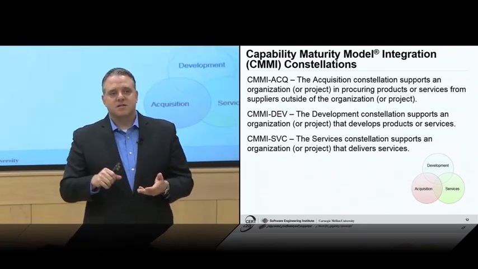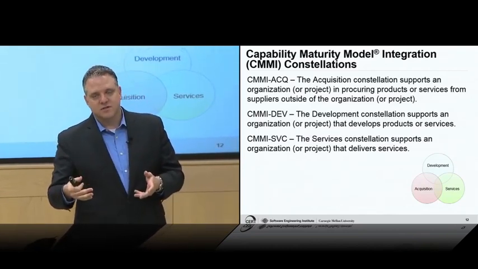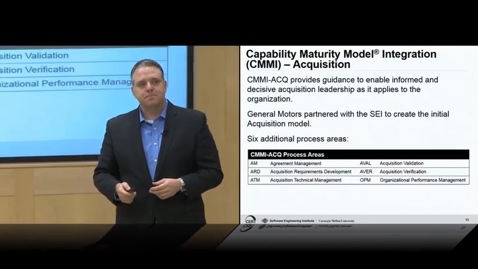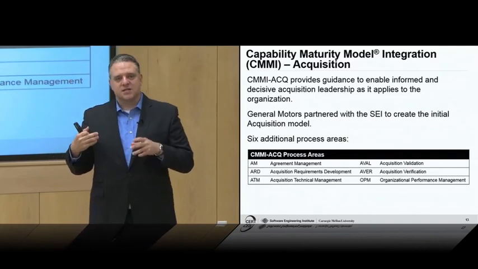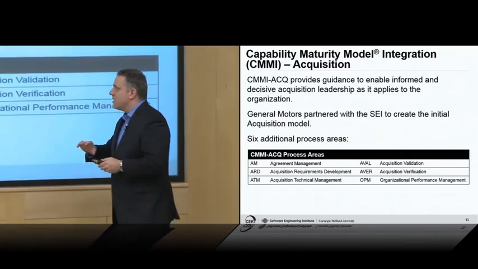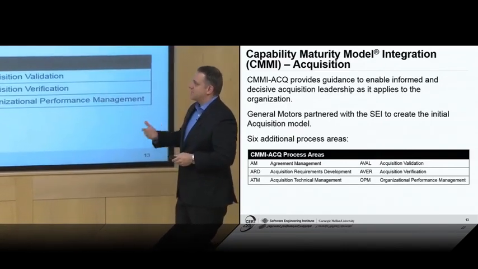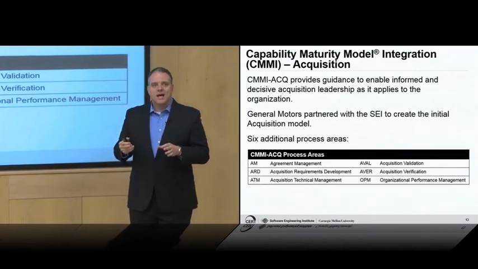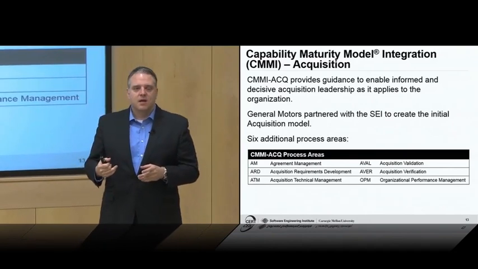And then services constellation says, all right, how well do we deliver these services? How mature are we in that process? And like I said, each constellation has their own set of process areas. So in addition to the core, now you have 6 additional areas of activities that you can do. And it's all meant to look at how well do we do acquisition within the company.